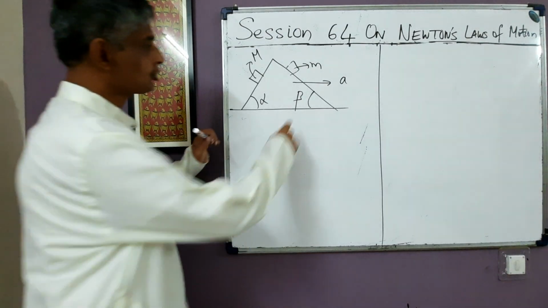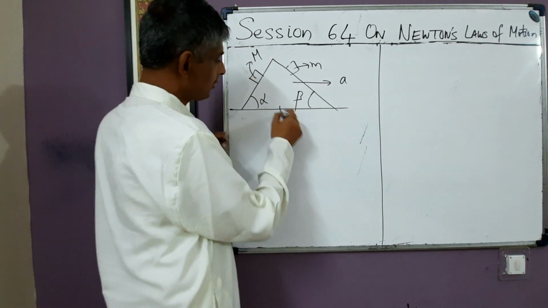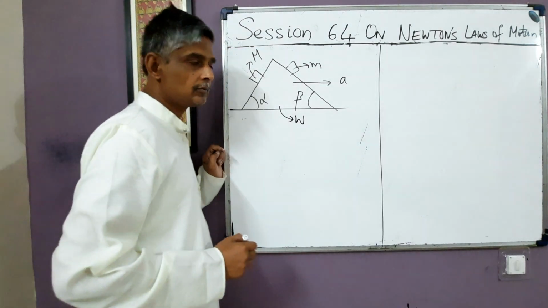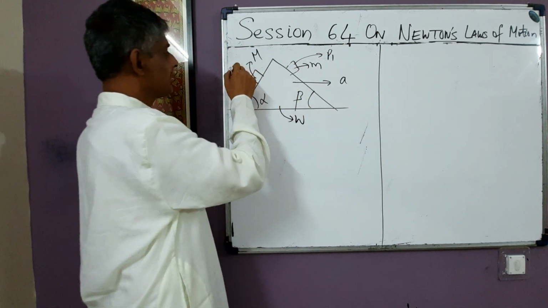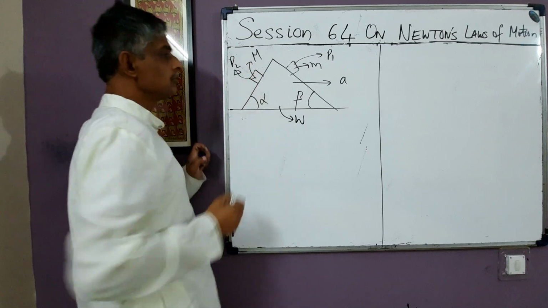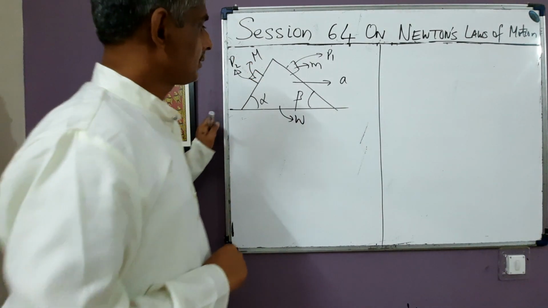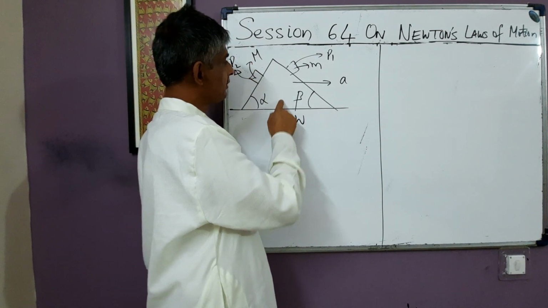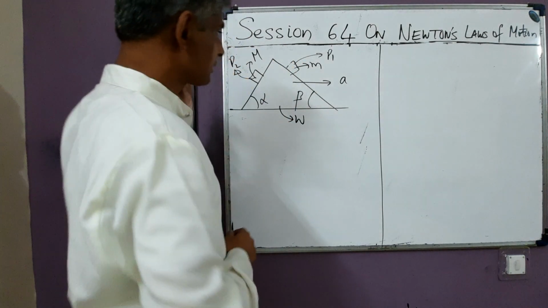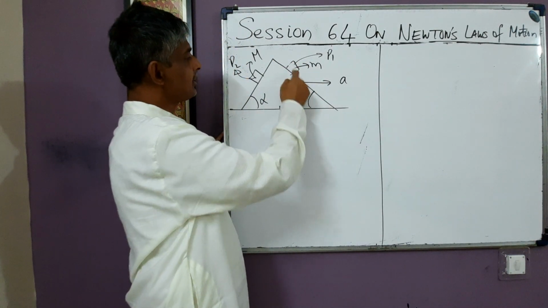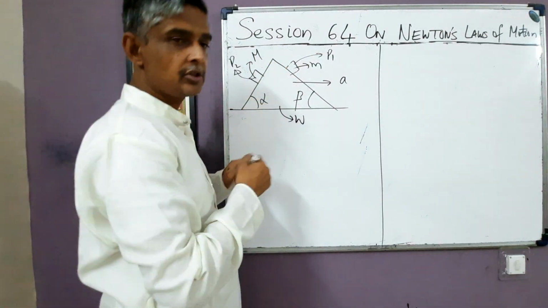So A is the acceleration of wedge with respect to ground. Wedge has been denoted by W. This particle of mass small m has been denoted by P1 and this particle has been denoted by P2. Now the question is that with respect to wedge, the particle should begin to climb up the wedge. So let us assume that this particle of mass small m begins to rise up the inclined face of the wedge.